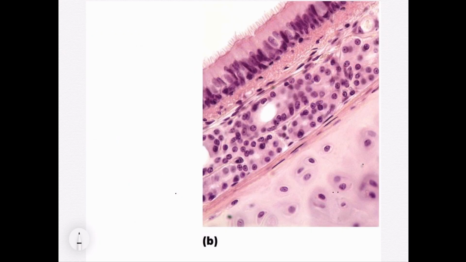So it's important to be able to identify the cells within the inner lining, as this will allow you to distinguish between the artery, vein, and the respiratory tract, such as the trachea and bronchus.